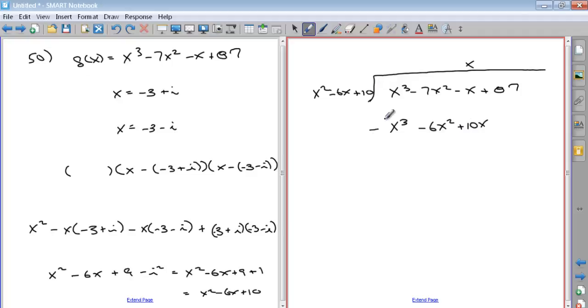But I'm really subtracting that, so I'll put the negative sign out front. These two cancel out. You have negative 7 plus 6, so that's negative x squared. Negative 11 minus 10 is negative 21x, and then you bring down plus 87.